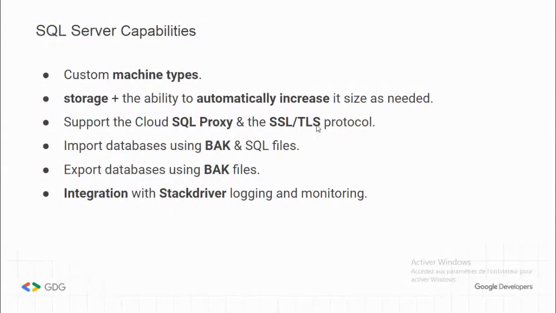So as I said previously, it is a tool to help you connect to your Cloud SQL instance from your local machine. SQL Server allows you to import databases using backup and SQL files. It allows you also to export your database using backup files and so on.